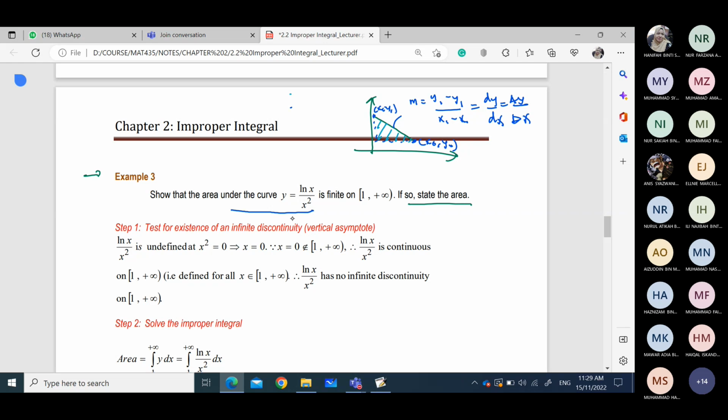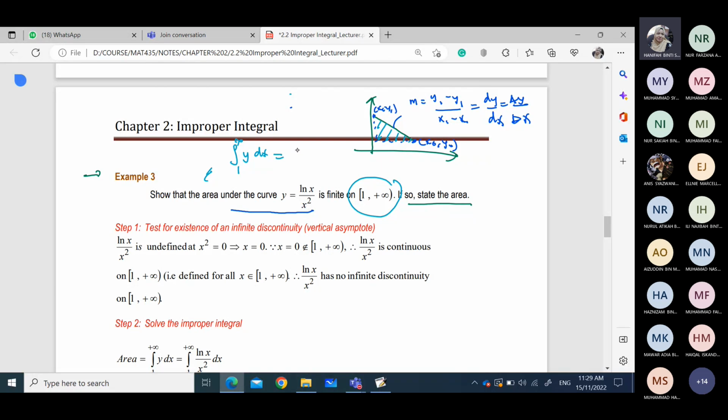Okay. Alright, good. So how to show the area under the curve? So area under the curve, this means that we need to find the integral of y with respect to x. Sebab y, it is depending on x. Dia bergantung kepada nilai x. And the values of x is 1 to infinity. Okay.